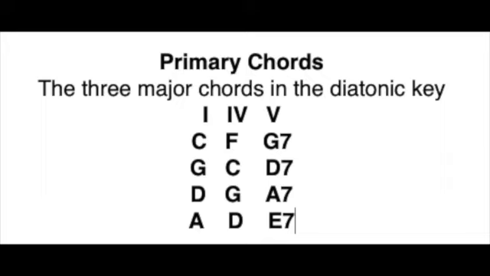D to its 5, the A7, and back to D again. That's 1, 5, 1. G to its dominant 7, the D7, back to G. And our original key, C, with its 5 chord dominant 7, G7, back to C.